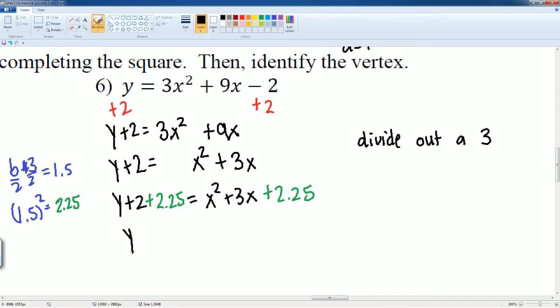So this becomes y plus 4.25. And then we can now factor this out. This is very easy, because it is just that factor, so it's x plus 1.5 squared.